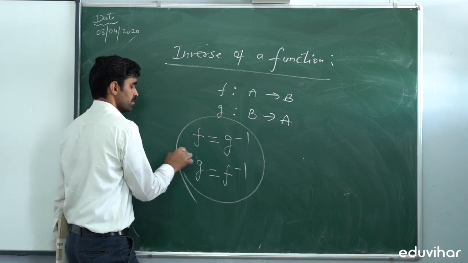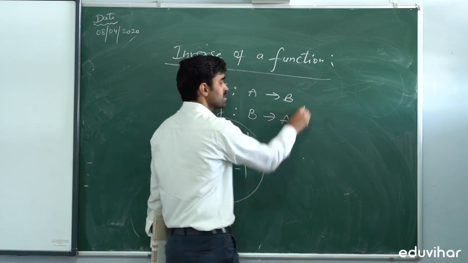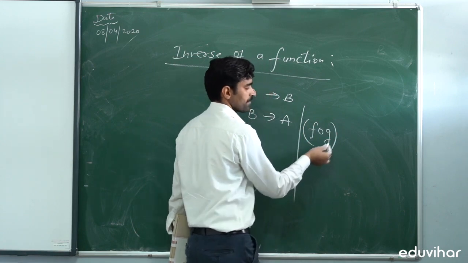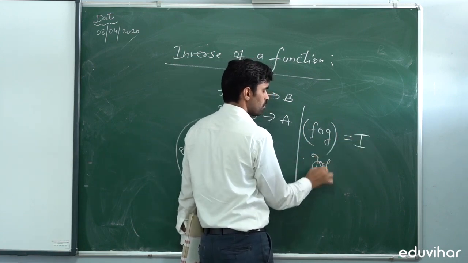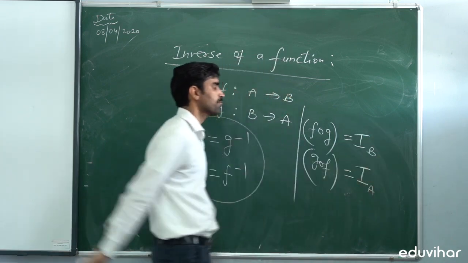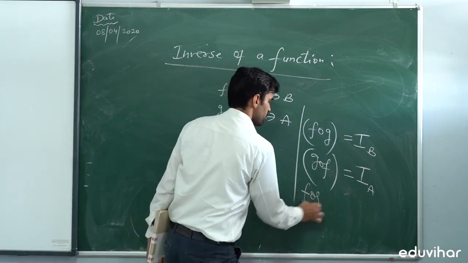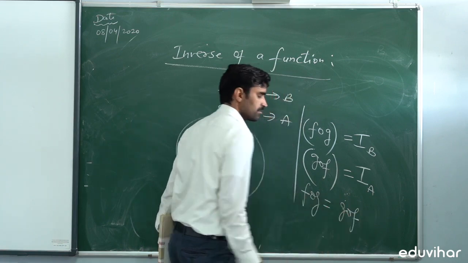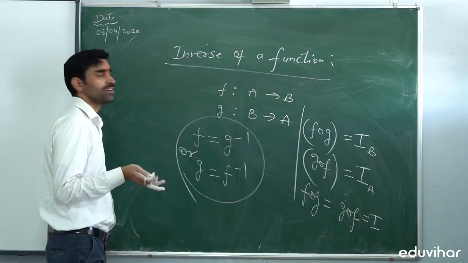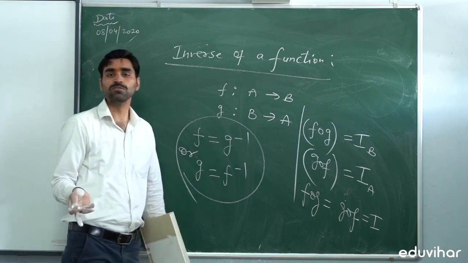Both are inverses of each other. If f goes from A to B and g goes from B to A in such a way that fog is the identity, and gof is also an identity function, this is for set A, this is for set B. If fog and gof are both identity functions, then you can say f and g are inverses of each other. f equal to g inverse or g equal to f inverse.